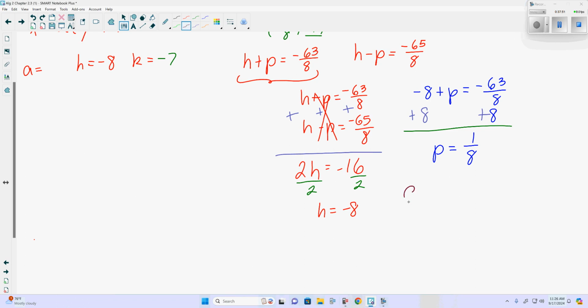Almost done. We just need to find a. So to find a, we're going to put 1 over 4 times 1/8.